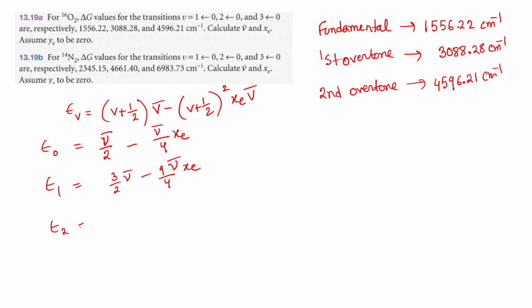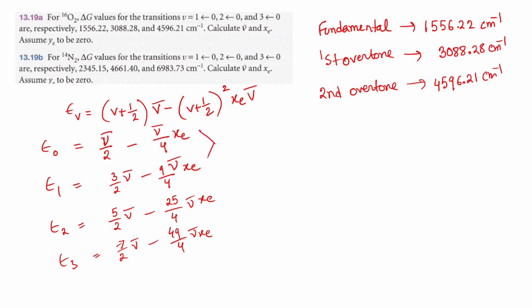What about the energy of the second excited vibronic state? It would be 5/2 nu bar minus 25/4 nu bar xc. What about 3? This is 7/2 nu bar minus 49/4 nu bar xc. Right?